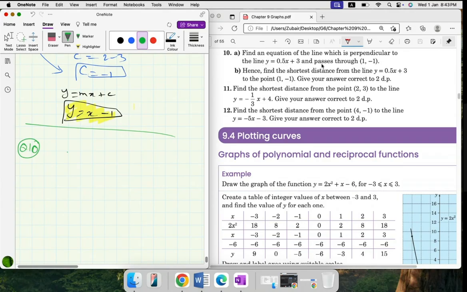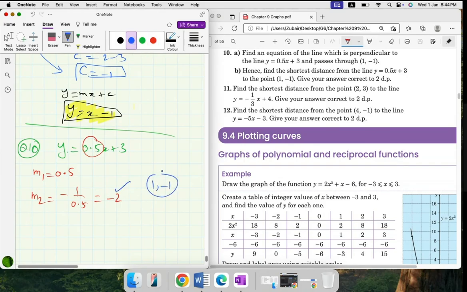It says find the equation of the line which is perpendicular to the given line y is equal to 0.5x plus 3. First thing, the first gradient is 0.5. So the second will be the negative reciprocal, and it passes through 1 comma minus 1.